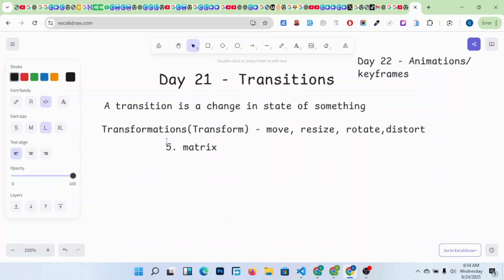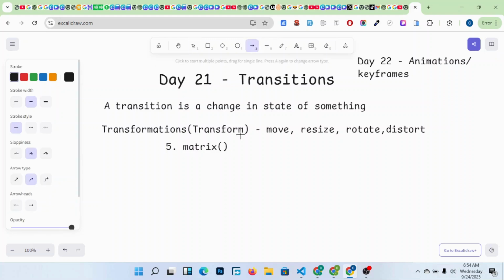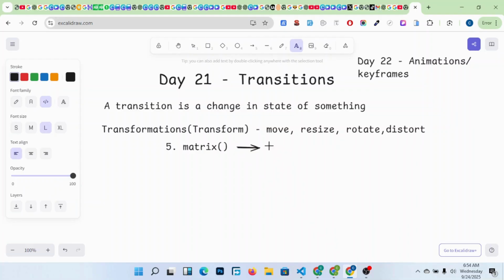This matrix here is a little bit more advanced. For now, for the beginners, you may not cover it, but just get a hint about it. This one is a bit advanced. But just get to know it.